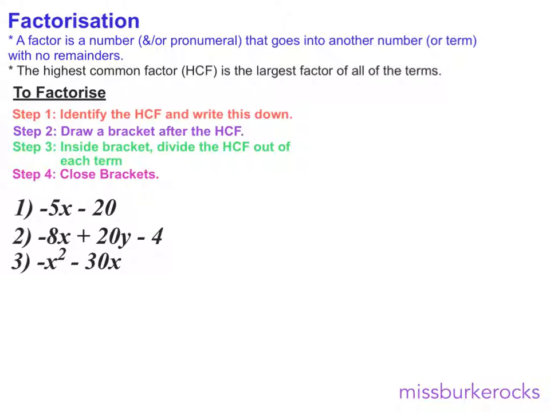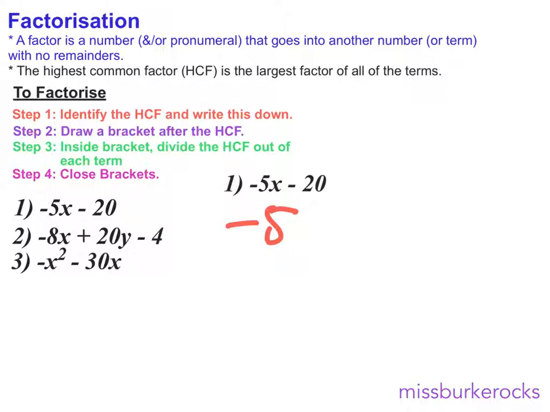So looking at this first one, we've got negative 5x take 20. Both of those terms are negative, so we want to look at our highest common factor. The highest thing that goes into negative 5x and negative 20 is going to be negative 5.